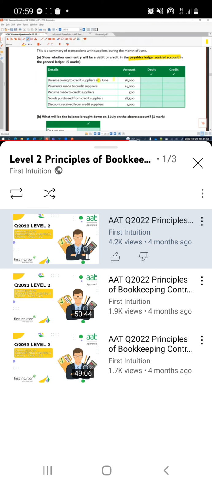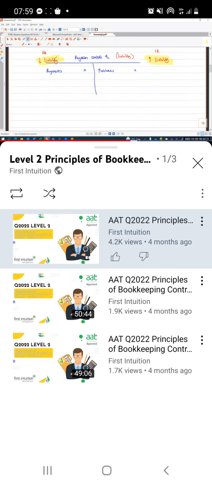The first day of the month, where will that balance be, on the debit or the credit side? Well done. On the credit, because it's a liability. Remember this? Liability account. Anything that makes the liability more is on the credit side. So you would start with the balance owing on that credit side.